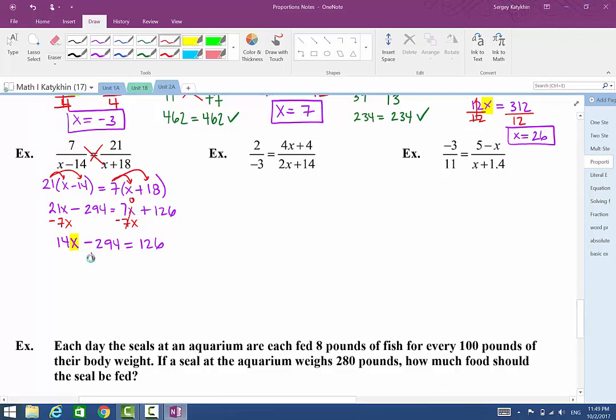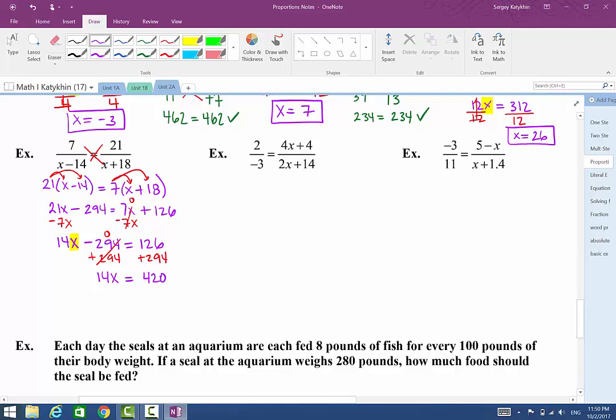So we're going to add 294 to both sides. Negative 294 plus positive 294 will give you 0. And so what you end up with is 14x on the left side. But 126 plus 294 is going to give us 420.